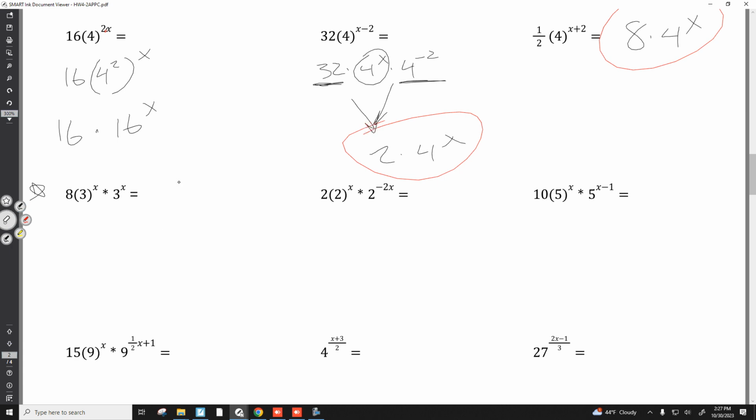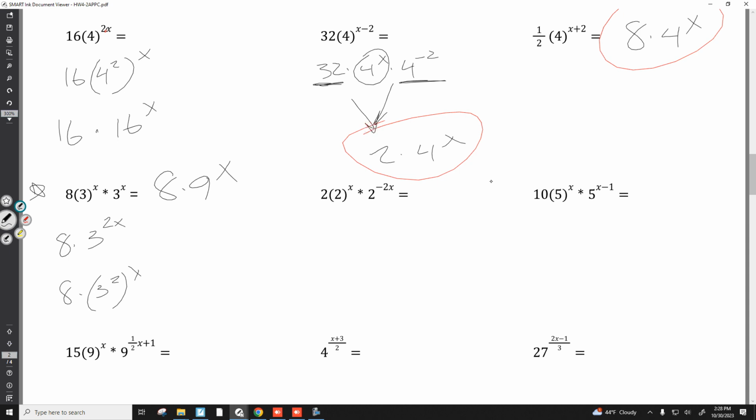Would it be better to just add this? Oh, yeah. All right, I would write this as 8 times 3 to the x plus x. That's 3 to the 2x. I would write this 3 to the 2x as 3 squared to the x. If you haven't gotten any of these yet, try the next one.